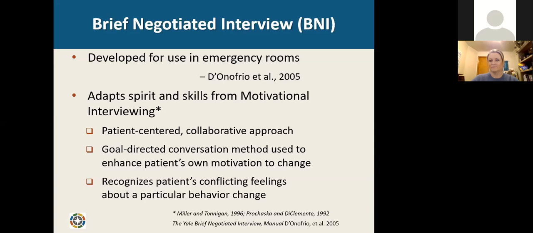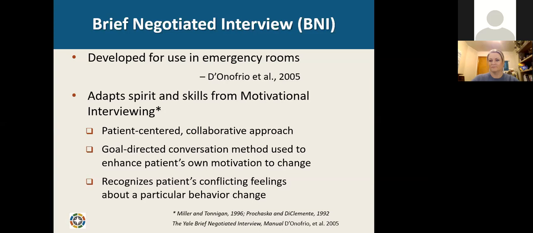It really is allowing people, or evoking from individuals, what their motivation is for making this change, which may include things that we never even knew about if we aren't asking those questions in that way. It also recognizes patients', participants', and clients' conflicting feelings about a particular change.